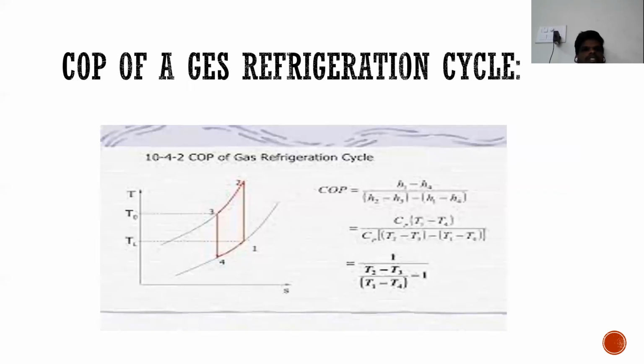The COP, the coefficient of performance of a gas refrigeration cycle, is given in these four stages, from 4 to 1, 1 to 2, 2 to 3, and 3 to 4. COP equals (H1 minus H4) divided by (H2 minus H3) minus (H1 minus H4), that is Cp into (T1 minus T4) divided by Cp into (T2 minus T3) minus (T1 minus T4).